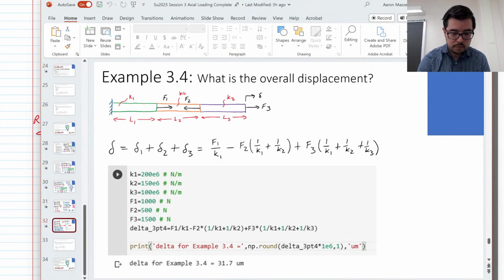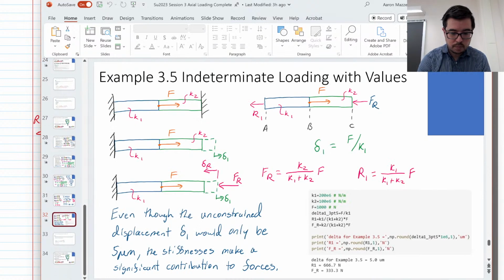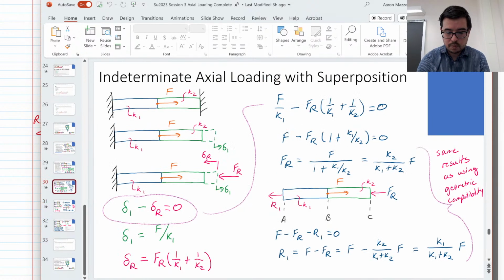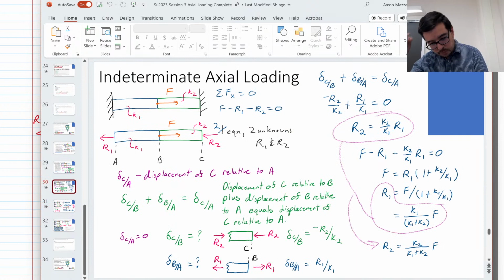I'm talking about that question itself. Wait, why does it give us the lengths? Why is that? Oh, that sucks. It hasn't been displacement.